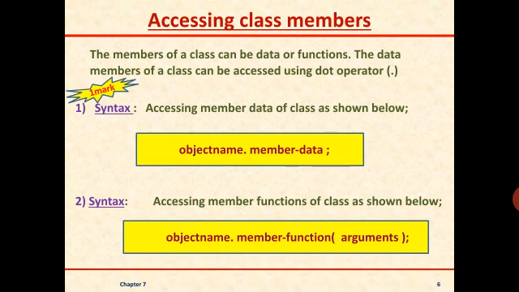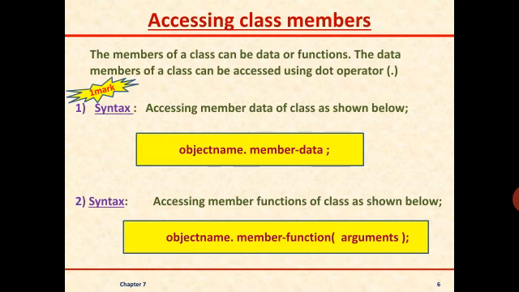Now the third very important step is accessing the class members. In step 1 we have created the members, whether data members or member functions, and in the second step we have created the objects. In the third step we have to access the members of the class. How should we access them?